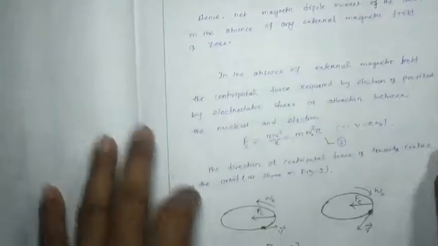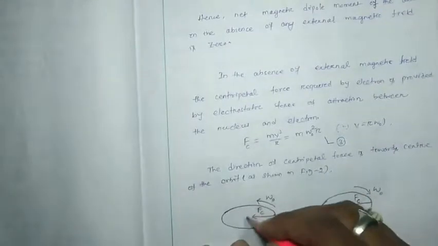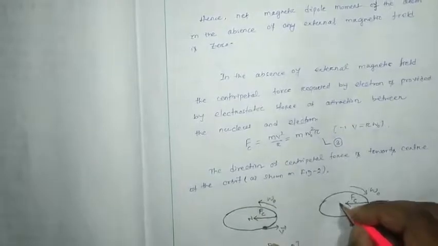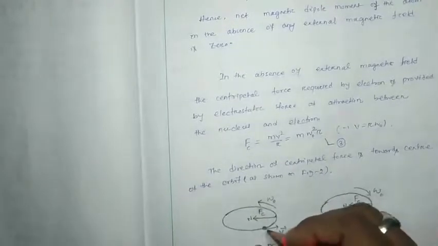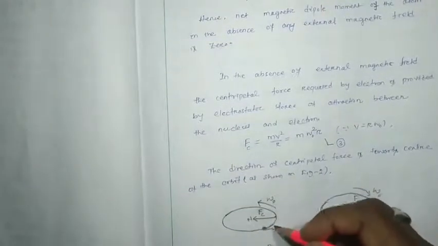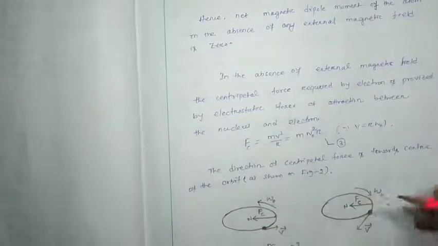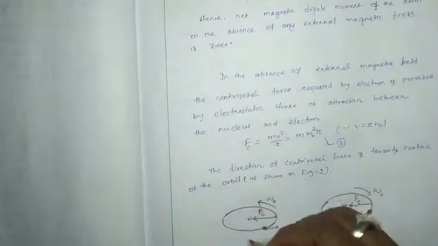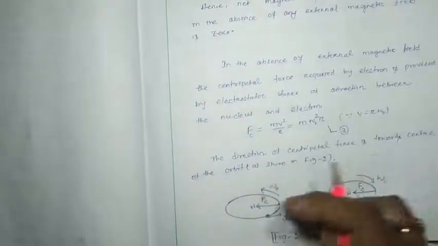See, when the electron is revolving around the nucleus, either we consider anti-clockwise rotation or clockwise rotation, but both electrons are revolving in a circular way.